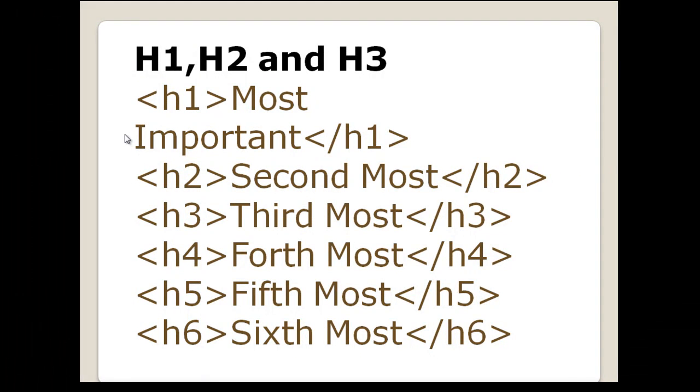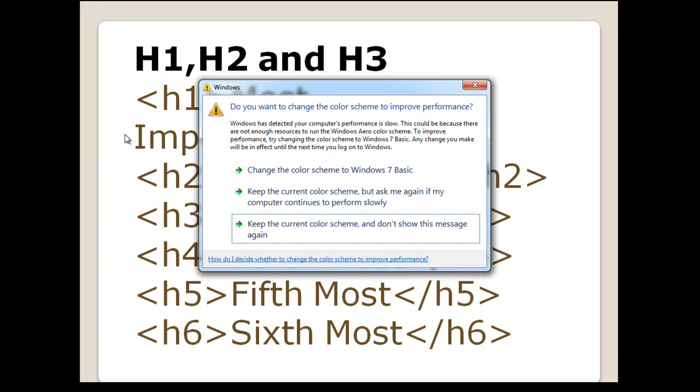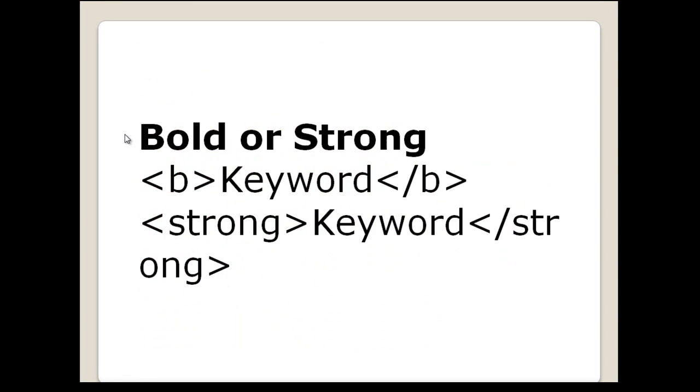All the heading tags H1 through H6 are extremely important, the most important being H1 and the least being H6, although all of them are quite important. Now this may come as a surprise to many people watching this tutorial, but the bold or the strong tag in HTML is also important as far as SEO is concerned.